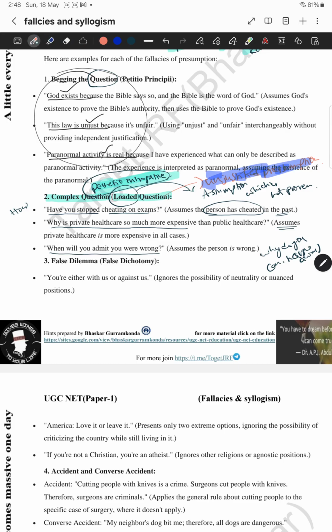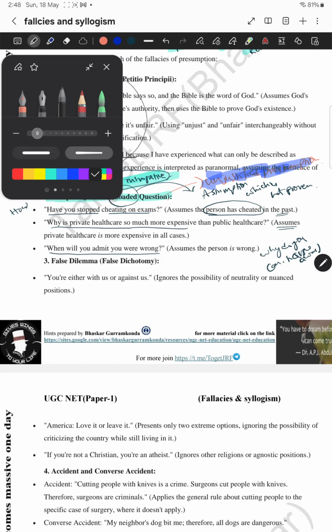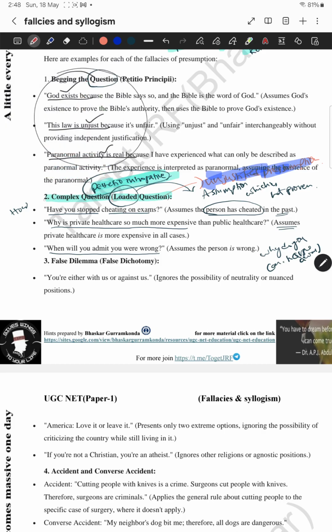But to forget all these things, the best way to identify a complex question is that it is always in interrogative form. So it ends with a question mark. You must understand this.